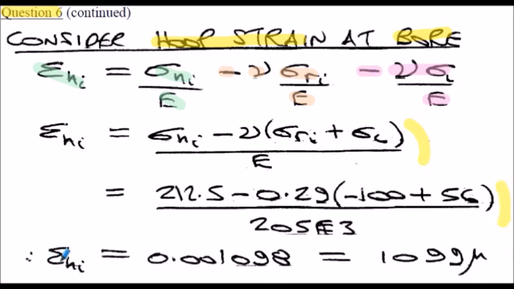Evaluating my hoop strain at the inside surface at the bore, that's 0.0010988, or rounding up, 1099 microstrain.